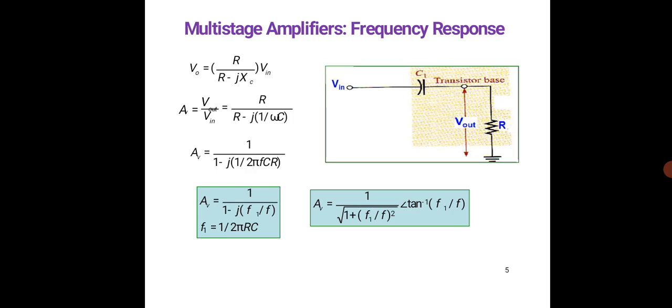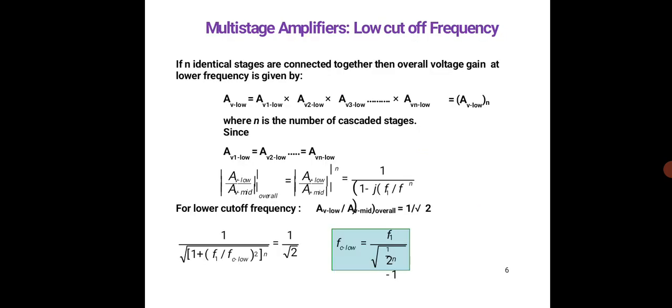So we have the frequency response for multistage amplifiers. You can see here the voltage gain, represented as 1 by root of 1 plus (f1 by f) the whole square. Similarly for the low cutoff frequency, if I have identical stages, then the overall voltage gain at the lower frequency is given by the multiplication over the n stages, where n represents the number of cascaded stages.